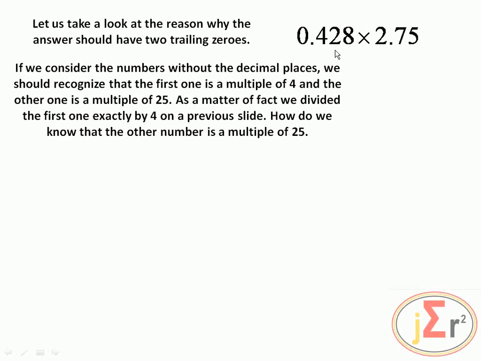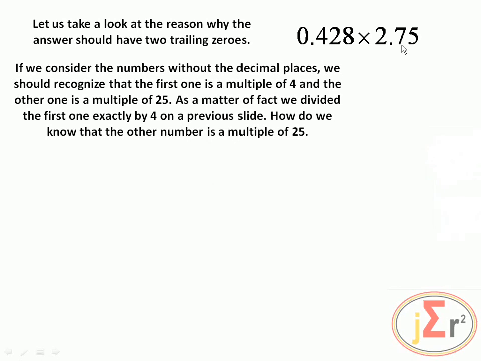Apart from this analysis, as a matter of fact, we divided the first one exactly by 4 on a previous slide, so we are even better off because we actually used it in that fashion as a multiple of 4. What about the other one? How do we know that the other one is a multiple of 25?